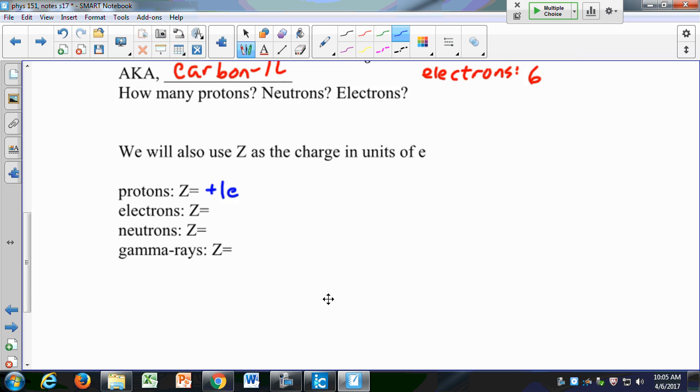It's 1.6 times 10 to the minus 19 coulombs. Electrons, on the other hand, are minus 1 e. Neutrons are going to be 0. They have no charge. They're neutral. And then gamma rays, well, these aren't really particles at all, so they have no charge either. That'll come up later. We'll do some nuclear equations.